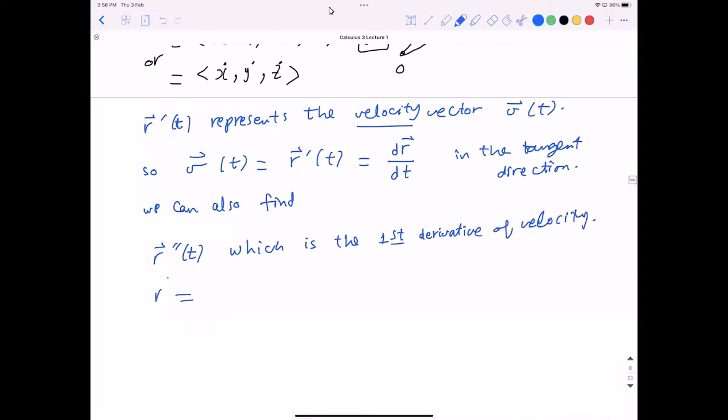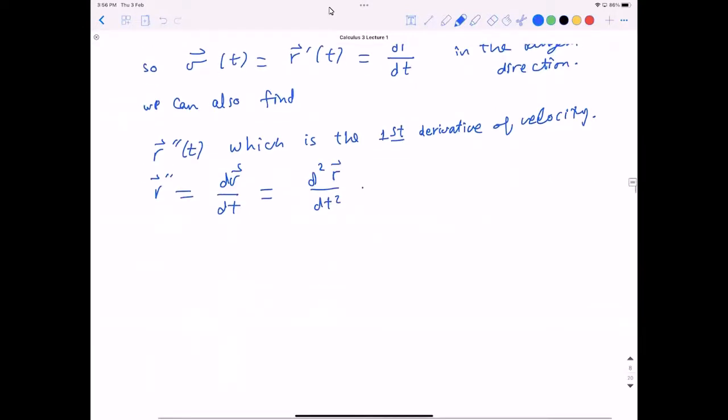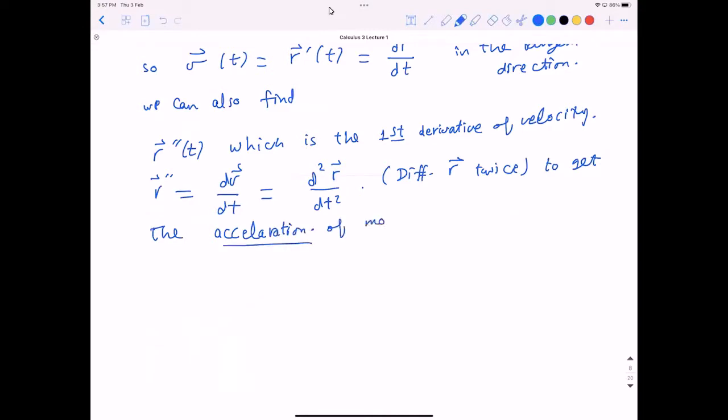Exactly, yes. So R double prime is V prime, or dV by dt, or in the other notation d squared R by dt squared. So differentiate R twice to get the acceleration of motion of this particle.